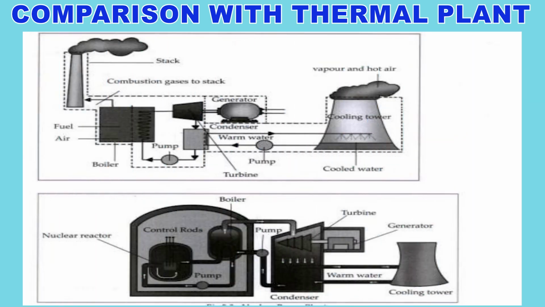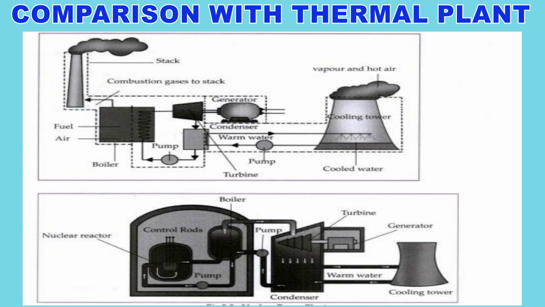So, the given figure shows the basic difference between thermal power plants and nuclear power plants. You can see in the given figure that the main component in a thermal power plant is the boiler, and the main component in a nuclear power plant is the nuclear reactor. Inside the nuclear reactor, nuclear fission occurs.